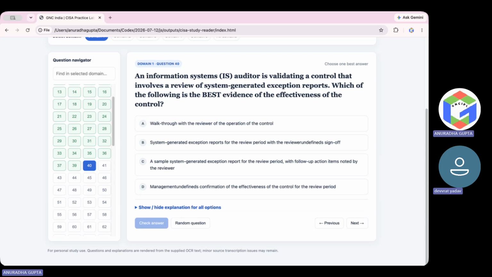They have just given sign off, but the action item is missing there. Sign off means they have just signed off, everything is fine. That is half of the story actually. So C would be the best, I think. Let's see.